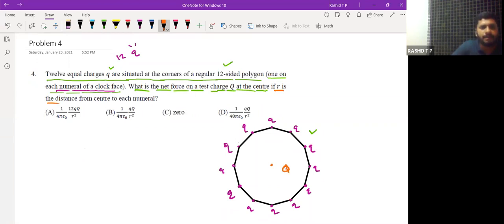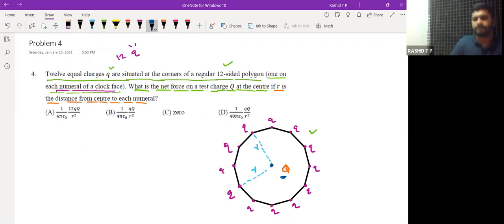If R is the distance from the center to each numeral, that is, if you take any point, this point or this point, that distance is R, that is the same. That is given in the question. Our aim is to find out the net force experienced by this charge that is kept at the center.